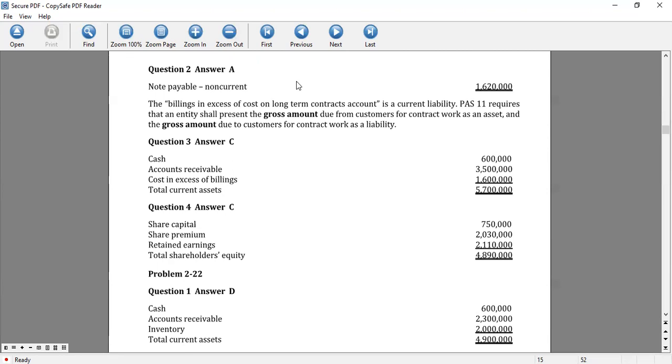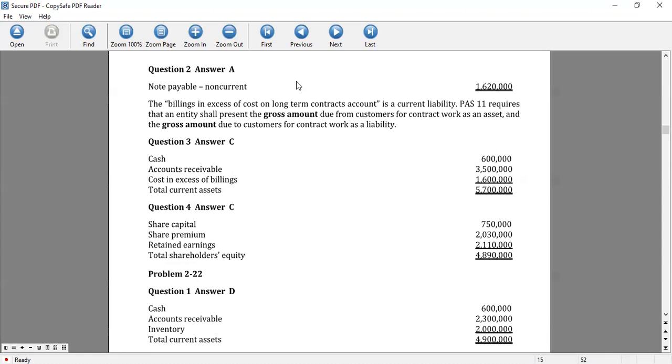PAS 11 requires that an entity shall present the gross amount due from customers for contract work as an asset and the gross amount due to customers for contract work as a liability. So we have now question number 2, the total of the non-current liabilities. So the answer is 1,620,000. It's letter A.